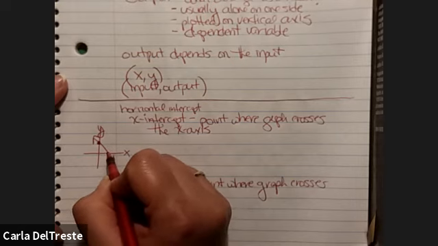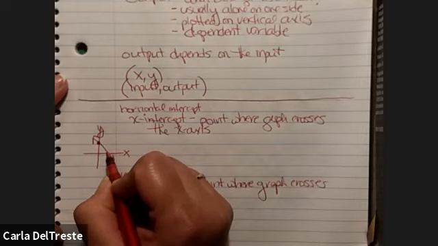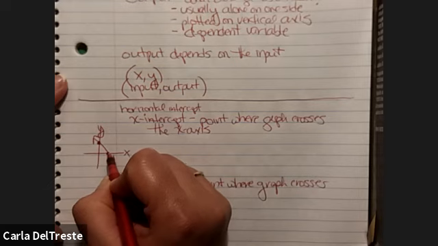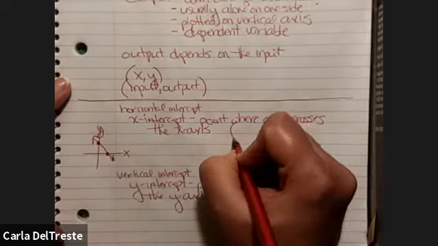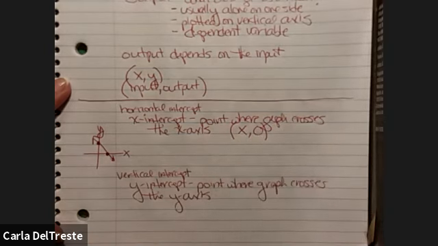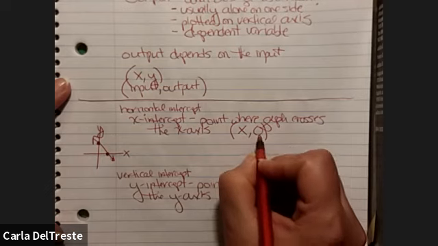I just stayed horizontal, and we know that the x movement is always first. So I moved in the x direction, but then I didn't move in the y direction. So that tells me that my ordered pair is going to be some x, comma 0.